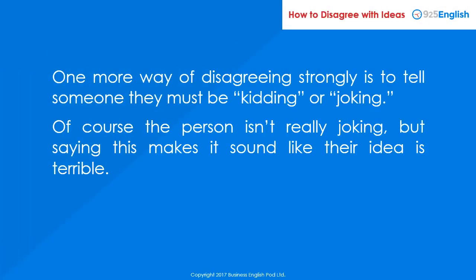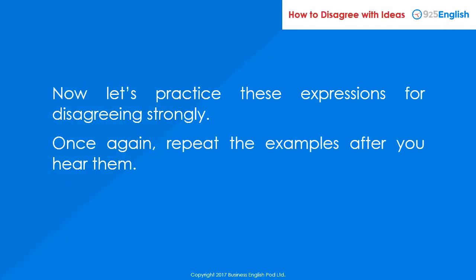One more way of disagreeing strongly is to tell someone they must be kidding or joking. Of course, the person isn't really joking, but saying this makes it sound like their idea is terrible. Now, let's practice these expressions for disagreeing strongly. Once again, repeat the examples after you hear them.